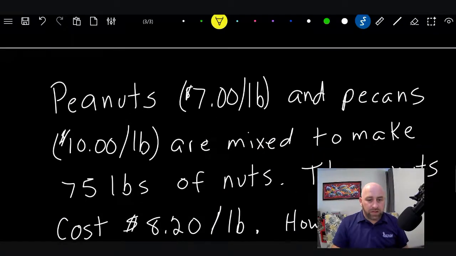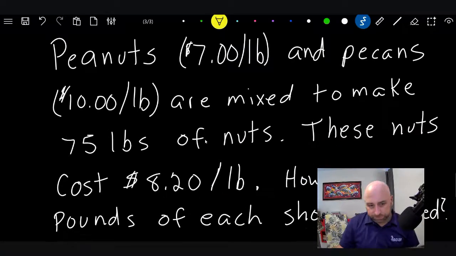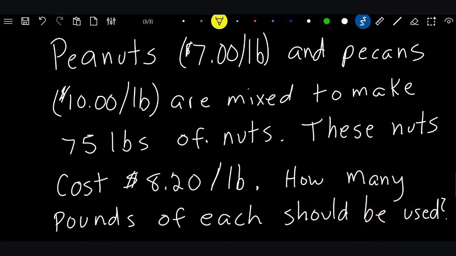All right, let's go ahead and do this one. This one's a little bit more complicated. All right, so we're going to sell some peanuts and pecans. Maybe we work at a grocery store and we're putting some peanuts and pecans together and letting people choose the mixture of the nuts there.